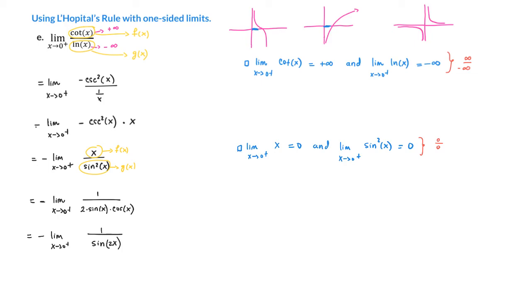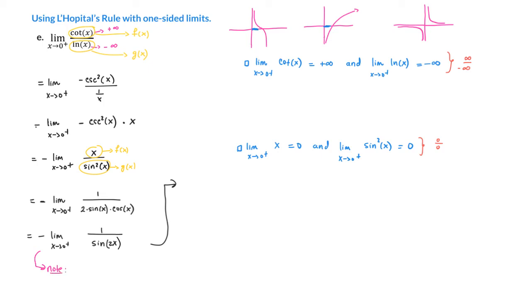And now, if I look at my denominator, you're going to notice that as x approaches 0 from the right, I'm going to make a note of this here, and this is just a note.